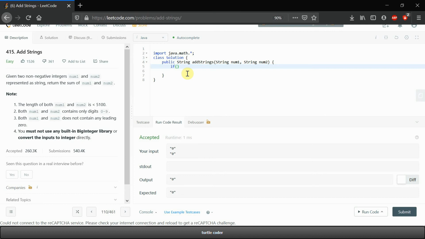Okay, so if num1 dot length minus num2 dot length, math dot absolute of these things, is greater than 0, then only we have to do something.